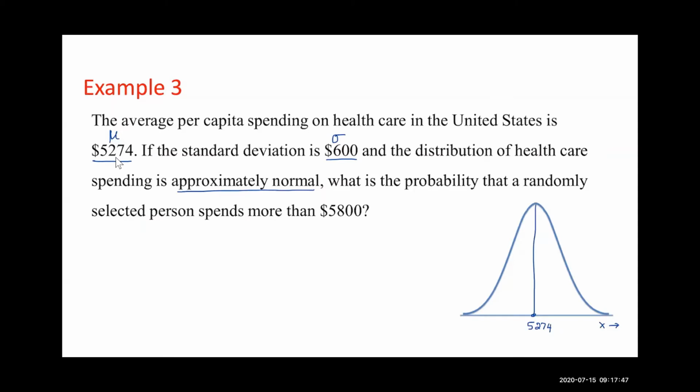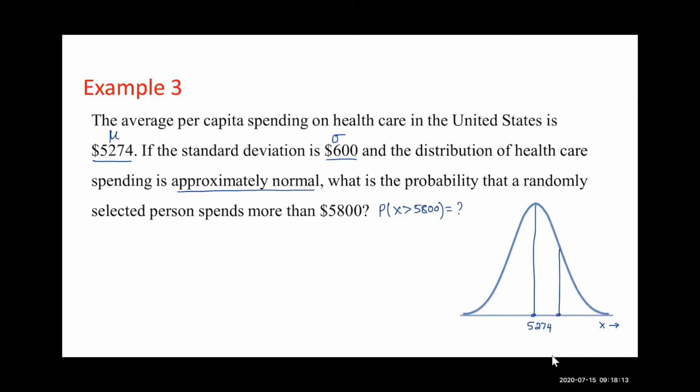What we are asked to do is we have to find the probability that a randomly selected person spends more than 5,800. So we want the probability that X is more than 5,800. What is that equal to? We need to find that. So 5,200 is here. So 5,800 will be somewhere there. So we'll show that.